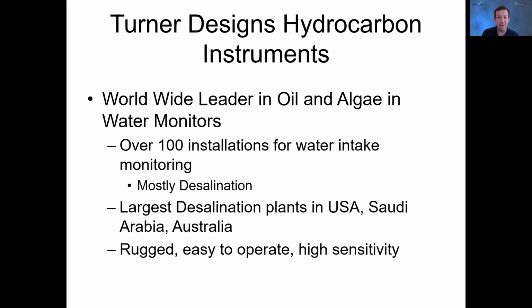Most of those are going to be a desalination plant where it's seawater processes, but there are a number of places around the world where we are in freshwater looking for oil spills. So these are primarily along major navigable rivers like the Mississippi, the Ohio River near Detroit, the Danube in Europe, and some of the rivers in China.